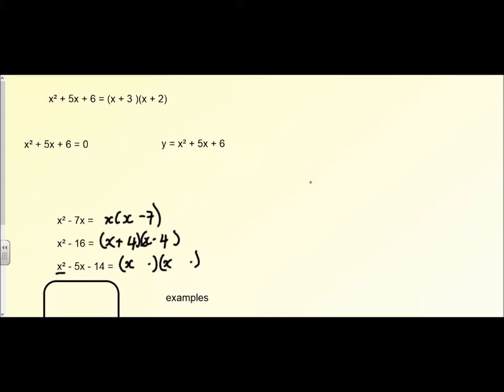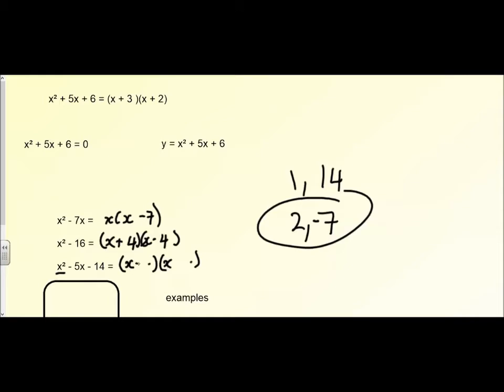So let's just ignore the fact for a minute that it's negative 14. We could have 1 and 14, 2 and 7, and then that's it, isn't it? So I want two numbers that multiply together to give negative 14 and then add together to give negative 5. Well, if you just think about that and play with it for a while, you'll see that that's the possibility, 2 and negative 7.